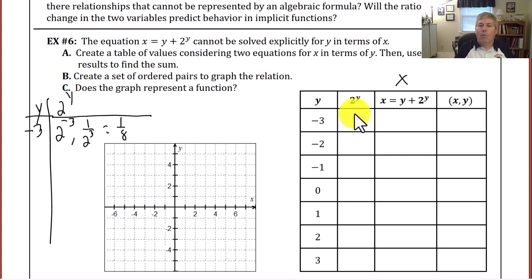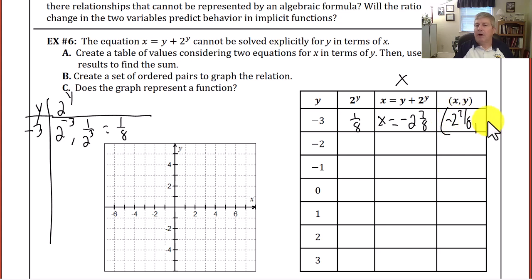And then now we have x equals y plus 2 to the y. Well, remember, y is -3 plus 1/8. So x is equal to -2 and 7/8. So our ordered pair here is -2 and 7/8, comma, -3, our x and our y.